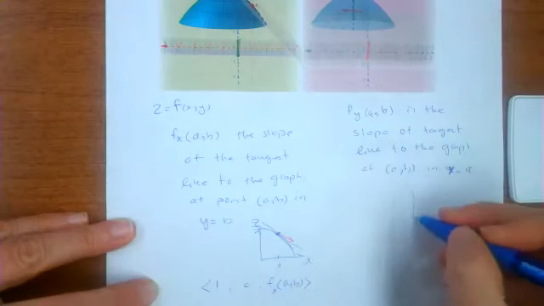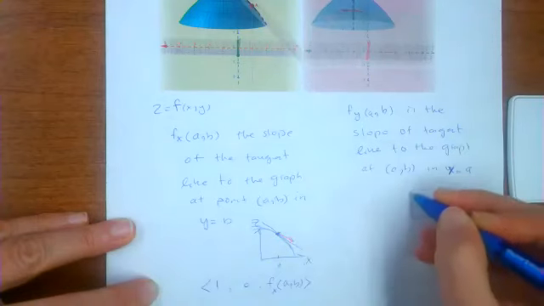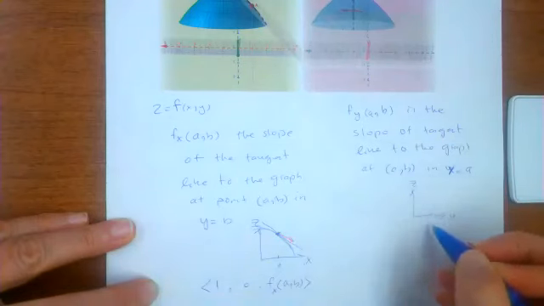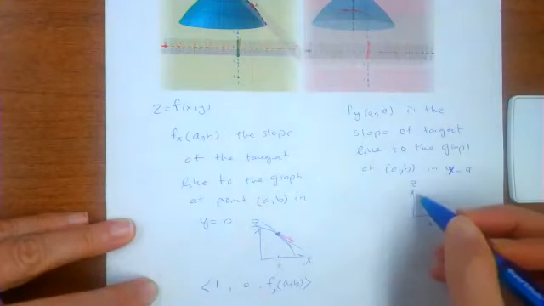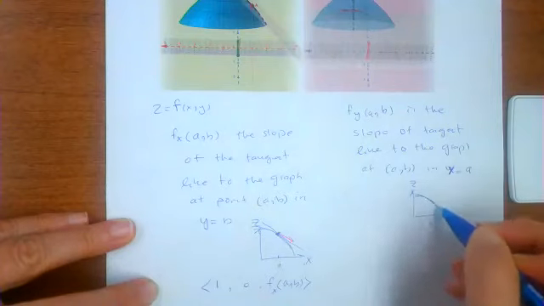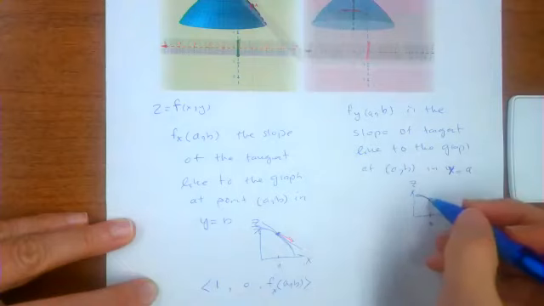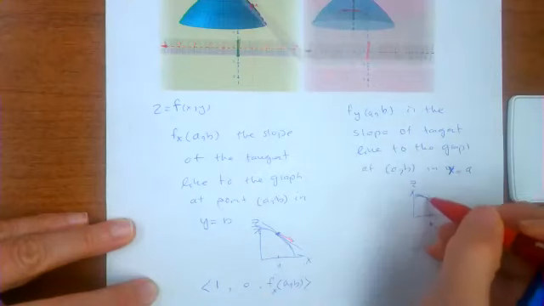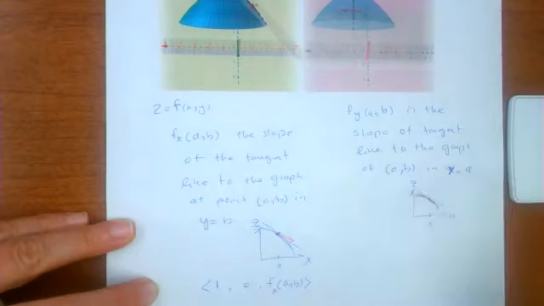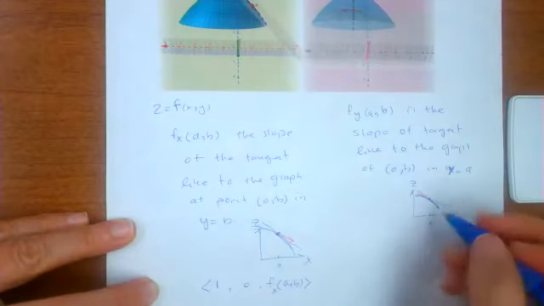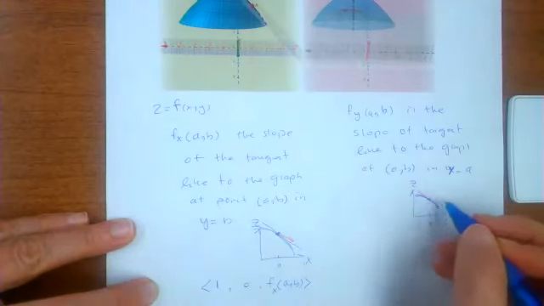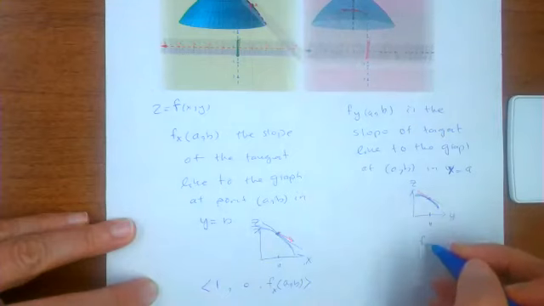So this time around, I will have y and z in here, and a point b for y, and a little curve of cross section, and a little tangent line going that way. I want to figure out what the slope of this tangent line is, and that would be f sub y of (a, b).